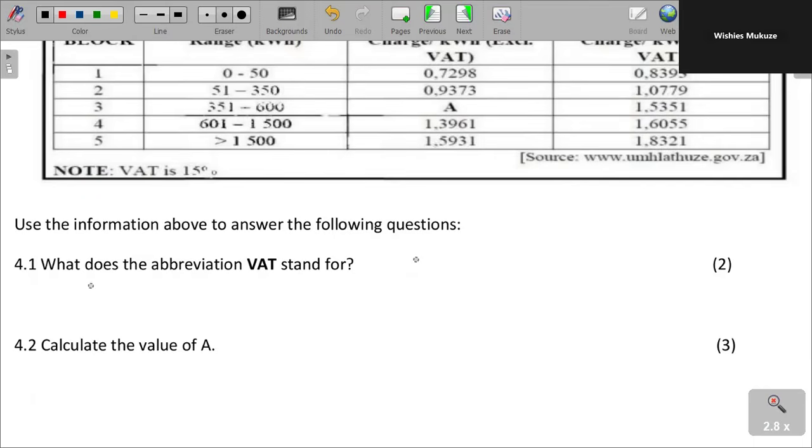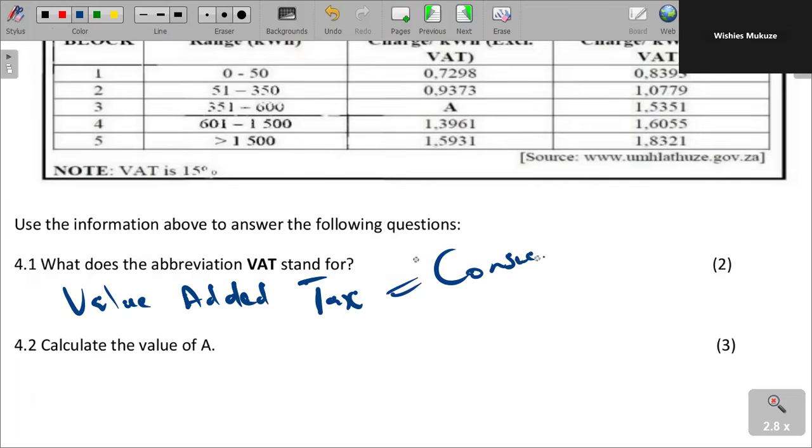This one I also said last time, that it means value added tax, which is an amount of tax that is charged on goods. Consumers pay it.